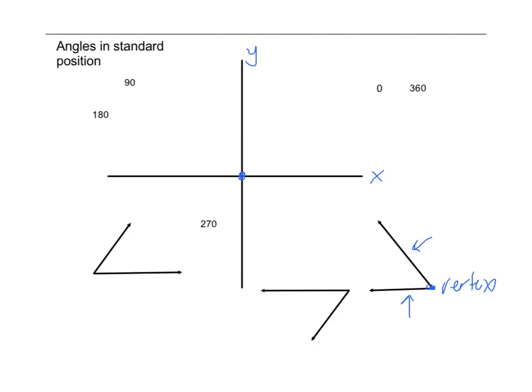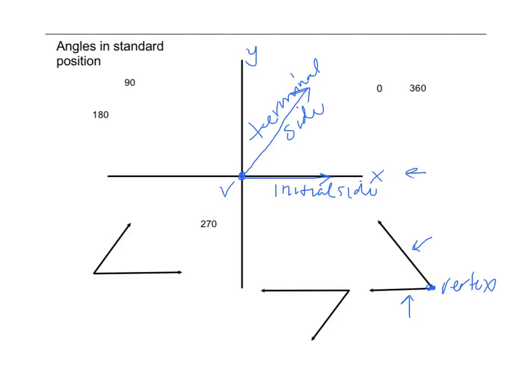We are going to place the vertex on the origin so that our angle will have one side on the x-axis and then we'll extend up the other way. So this is the vertex, this is the initial side, and this is called the terminal side.